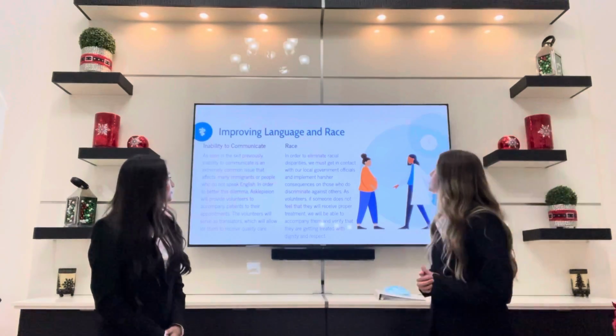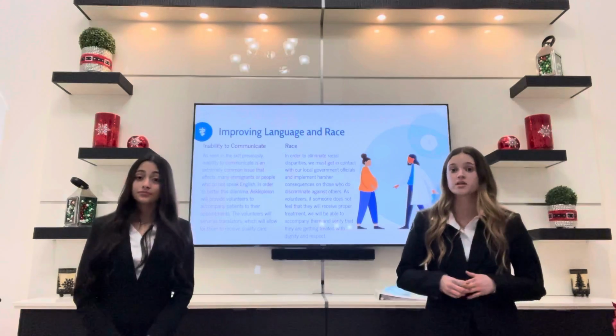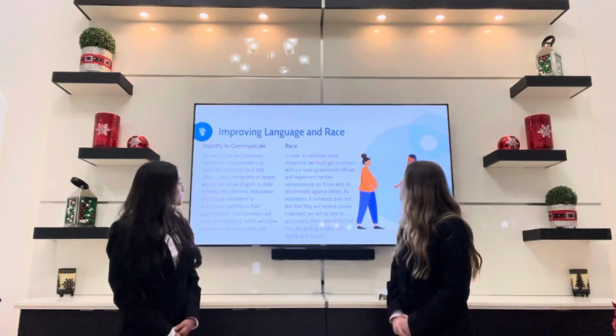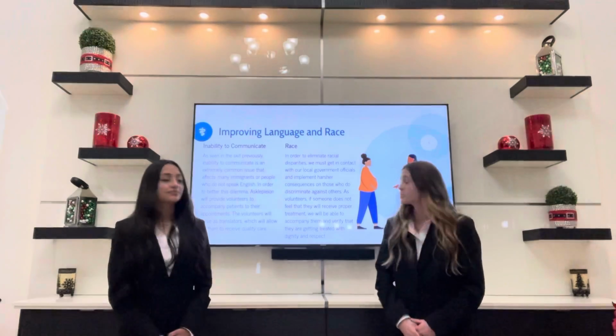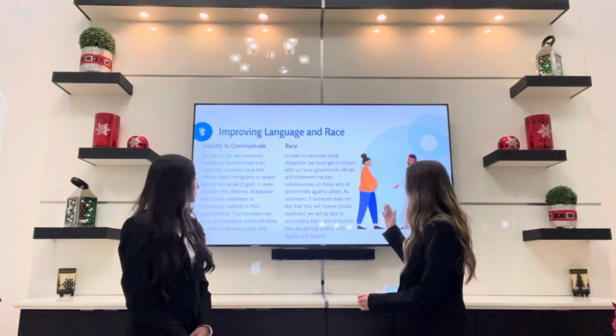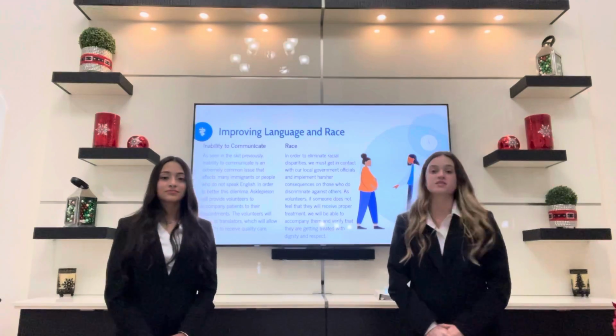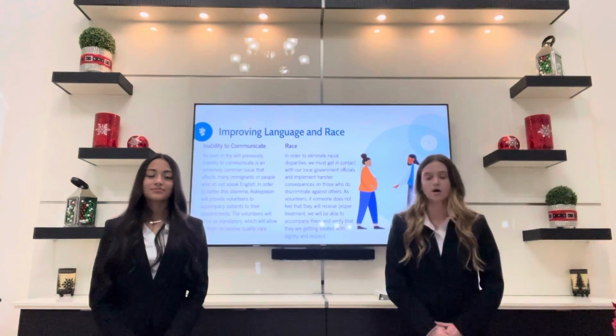As for race, in order to eliminate racial disparities, we need to contact our local government to put a harsher punishment on people discriminating against others. We will also have volunteers who, if someone doesn't feel they received proper treatment, will accompany them to make sure that they are given the proper treatment.